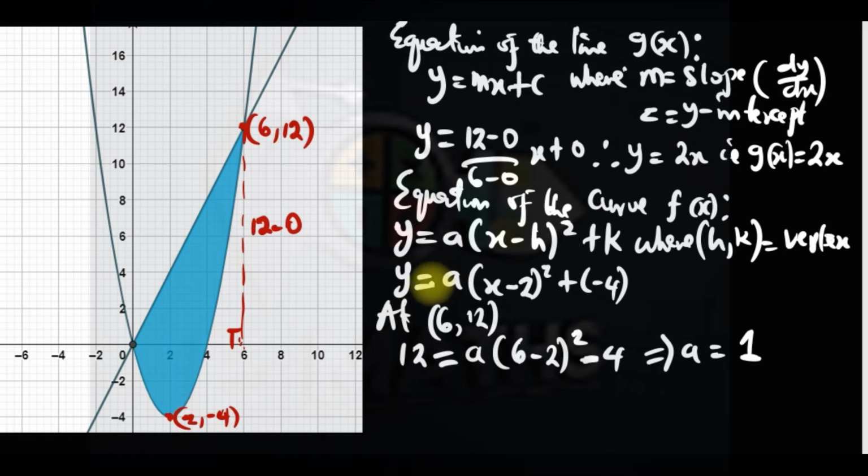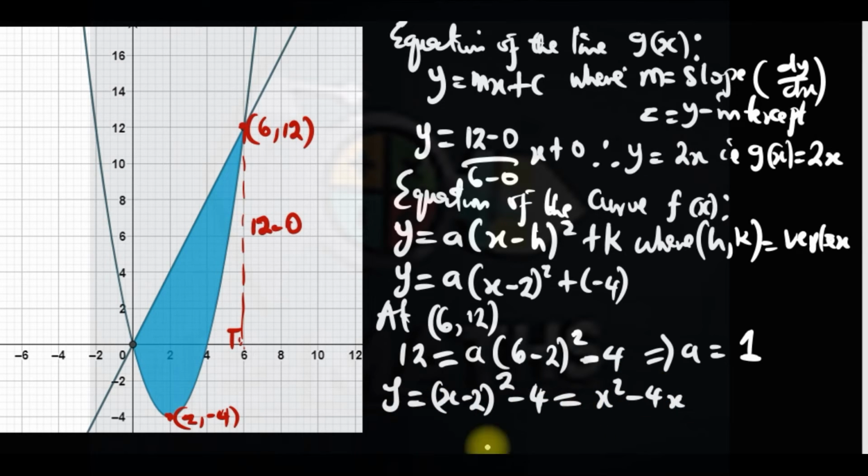So the quadratic function y is now x minus 2 squared minus 4, which when we open up is x squared minus 4x. So our function f of x is x squared minus 4x. So we've gotten the two functions now.